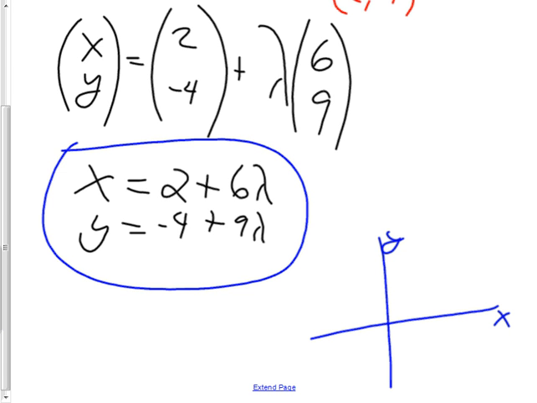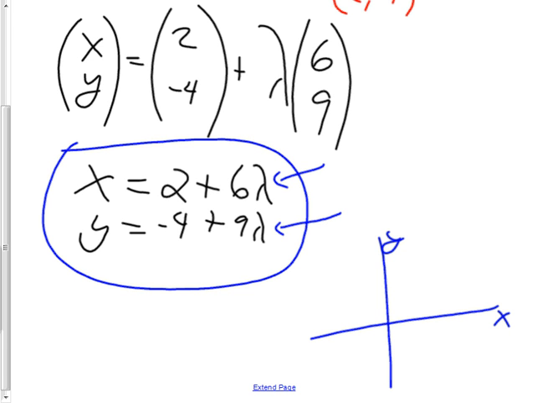Now let me tell you, you can do this in two different ways. And what I'd like you to do is, just so that when you look at the answer key, it will be easier for you, because honestly, both ways would work. But solve this one for lambda, solve this one for lambda, and then set them equal to each other. So I'll show you what I mean.